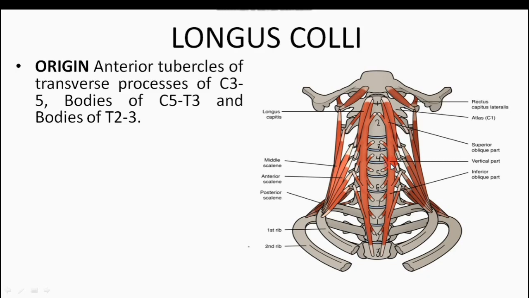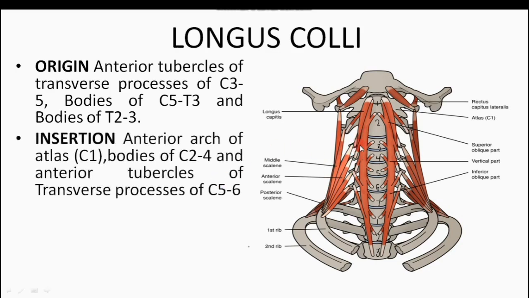Whereas the middle vertical part originates from the bodies of the vertebrae: T3, T2, T1, C7, C6 and C5. And the lower inferior oblique part originates from the bodies of T3 and T2.